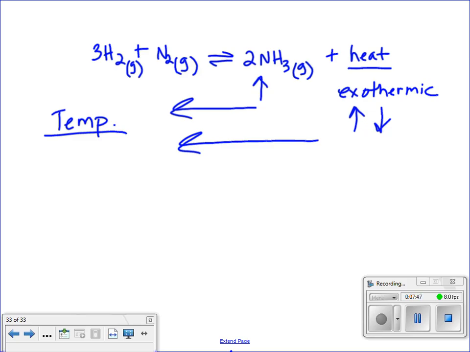So it would shift right to counteract that effect, and that would serve to increase the heat. So heat depends on if it's endo or exothermic. Now, if heat was on the reactant side, you would treat it as a reactant, and it would have the same effect as if you were increasing the concentration of hydrogen or nitrogen, but now we're looking at a temperature increase or decrease.